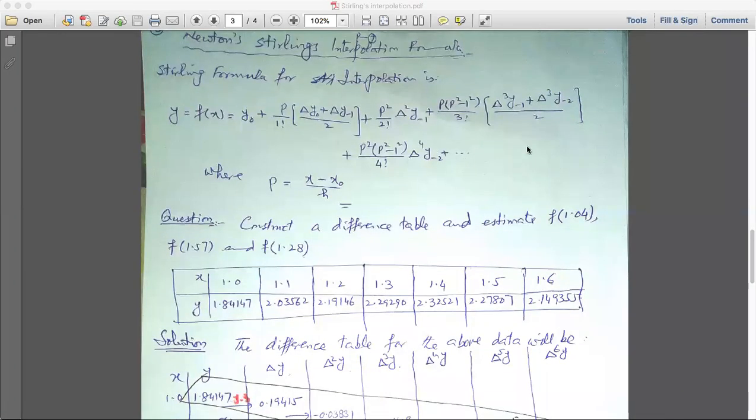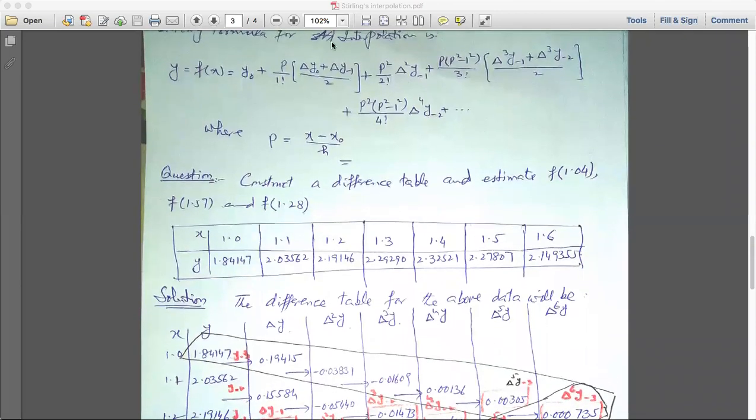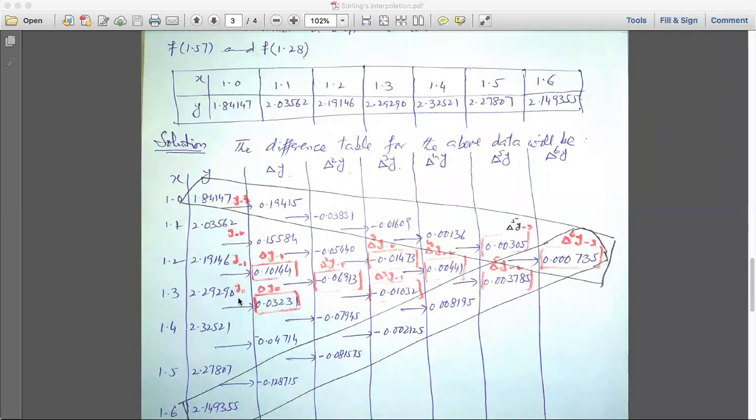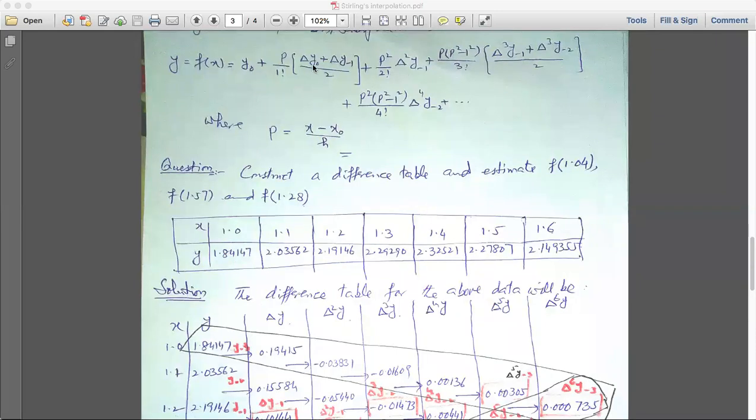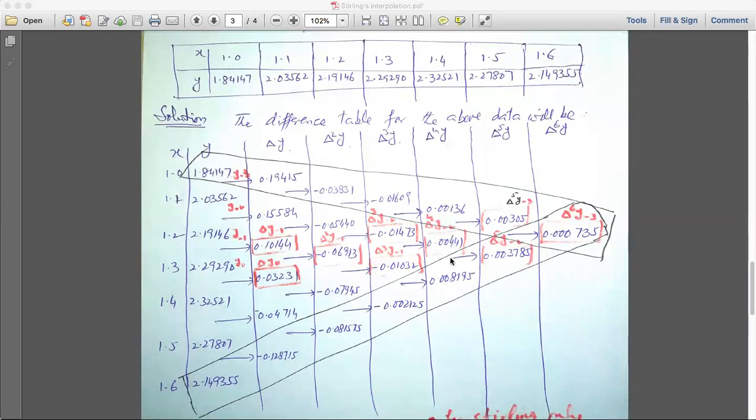And we can extend this formula easily. अब आप तमाम के तमाम वैल्यूज फार्मूला में पुट करें. जितनी भी वैल्यूज हमने टेबल से अभी देखी हैं, ये तमाम वैल्यूज y नॉट की, डेल्टा y नॉट, डेल्टा y माइनस 1, delta square y minus 2, delta cube y minus 1, delta cube y minus 2, delta raised to power 4 y minus 2, delta raised to power 5 y minus 3, delta raised to power 5 y minus 2, and delta raised to power 6 y minus 3. ठीक है, ये तमाम की तमाम वैल्यूज हम पुट करेंगे.